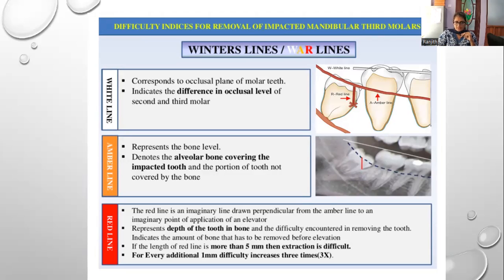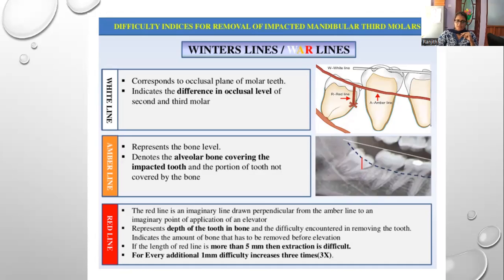Then you have the amber line. The amber line represents the bone level. That is the amount of alveolar bone covering the impacted tooth. That is what it denotes. Now the red line is an imaginary line which is drawn as a perpendicular from the amber line to the point where you will be applying an elevator.